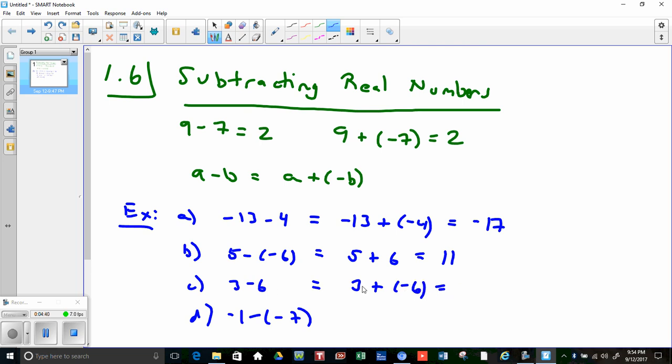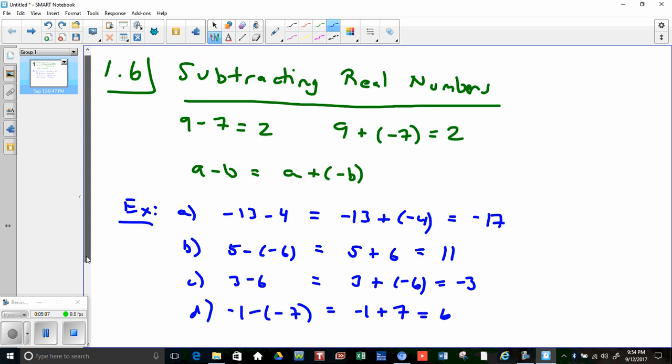So going 3 to the right to start and then coming back 6 to the left is going to put me at negative 3. And then the last one, starting at negative 1, change the minus to a plus, and then the opposite of negative 7 is positive 7. So we'll start 1 left, come back 7 to the right, and that puts us at positive 6.